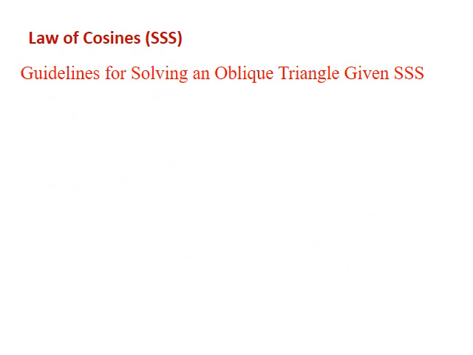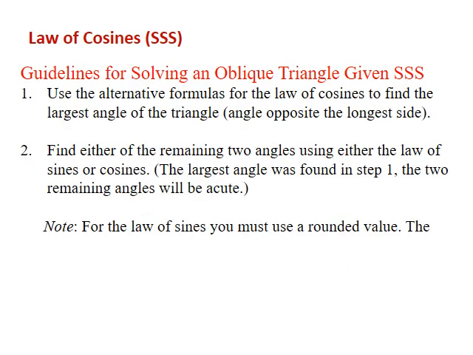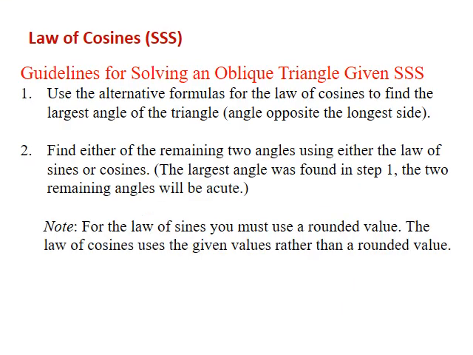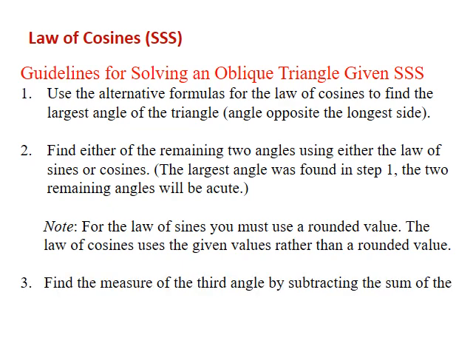All right, if we have a side, side, side case, here are the steps to solving using the law of cosines. You can pause this and read through it, but I'll just go ahead and show you how it's done.